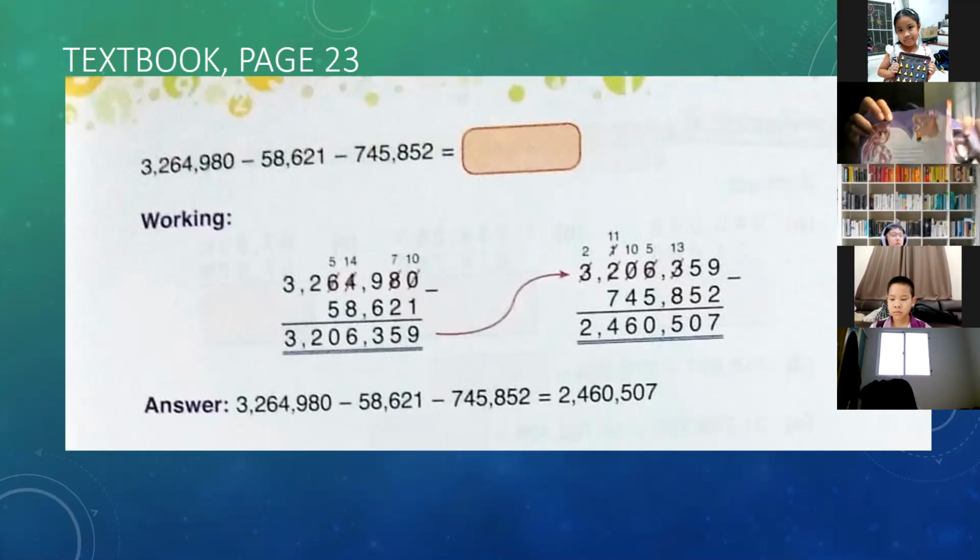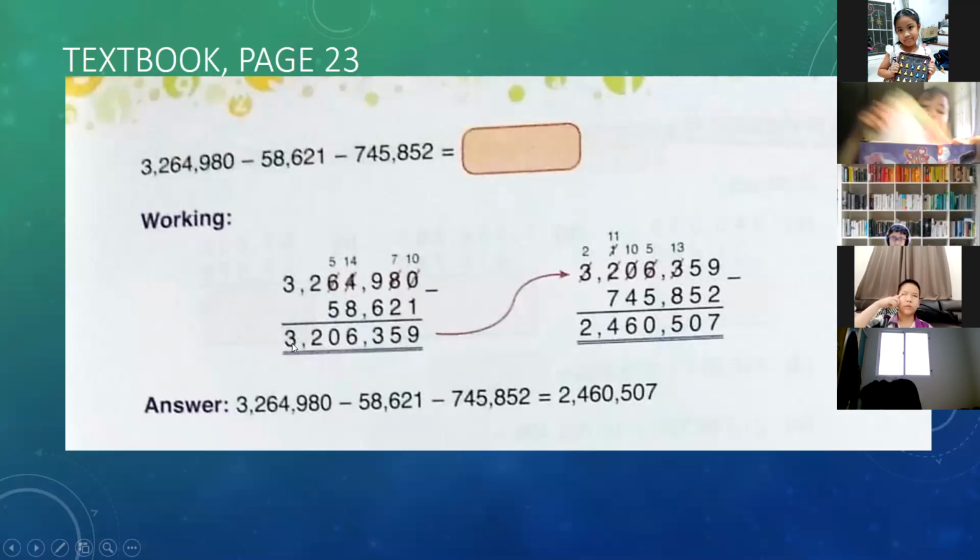So 4 becomes 14. 14 minus 8 equals 6. 6 becomes 5. 5 minus 5 equals 0. 2 minus 0 equals 2. 3 minus 0 equals 3. Then write this number here.